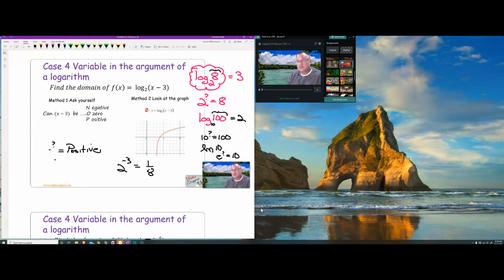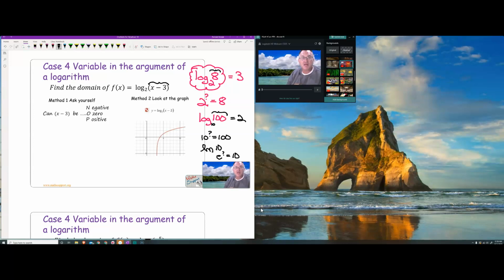All right, so here's the bottom line without getting too involved with logs, because we're going to study logs more in the future. What you need to know is that this argument must be greater than 0. It's only allowed to be positive.